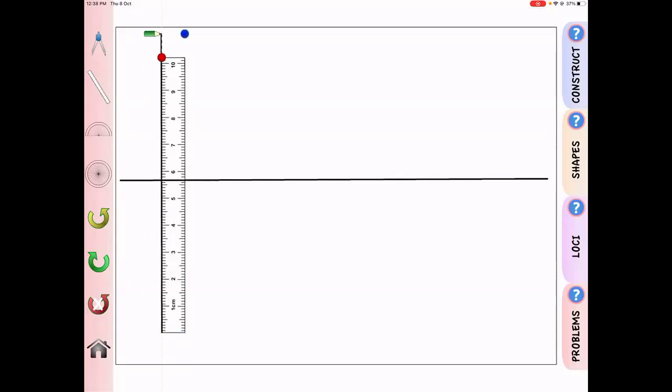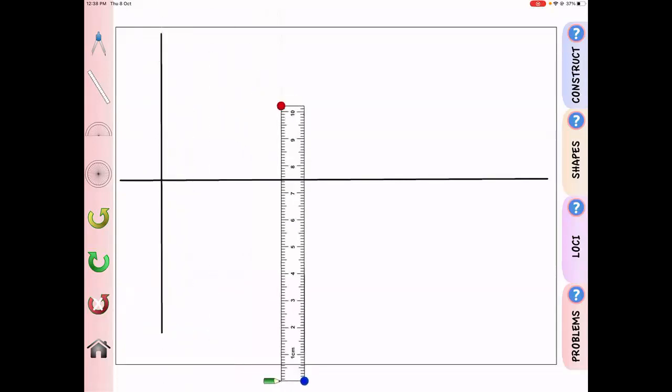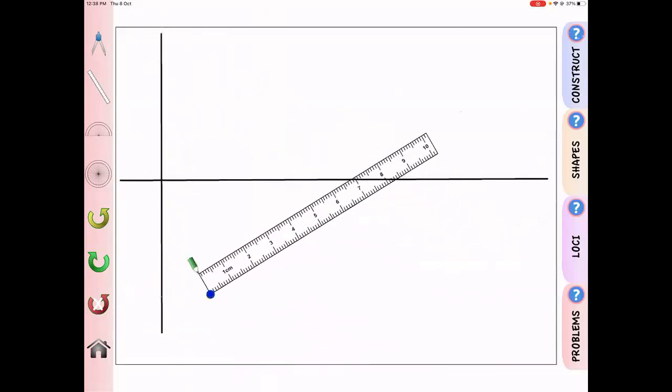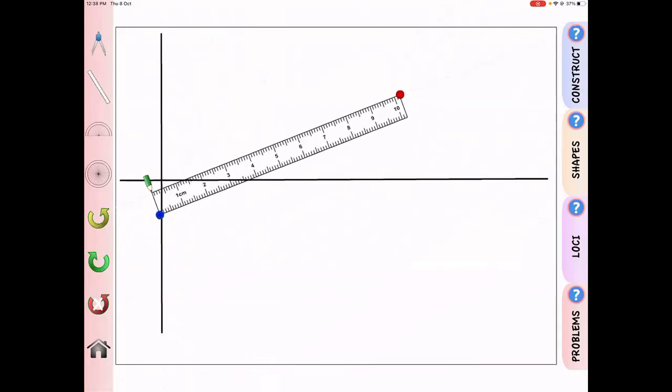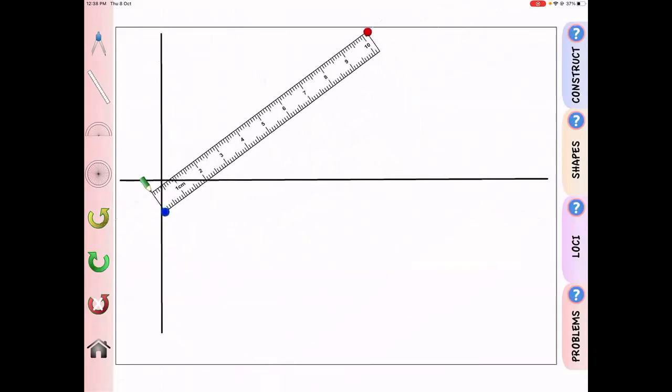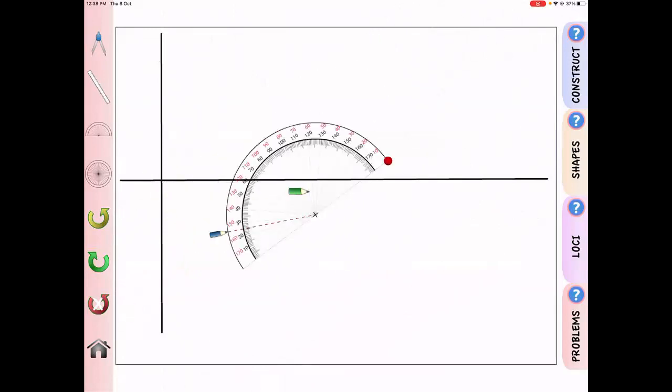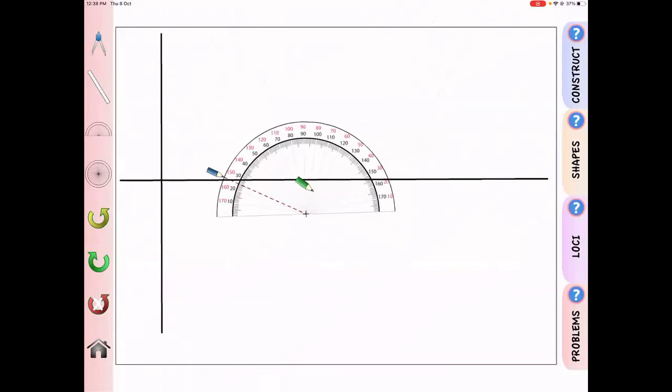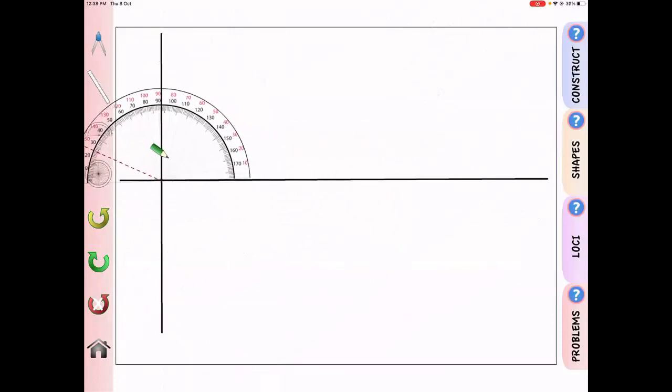Now the initial link, I'm taking the smaller one, let's say 30 millimeters, and the initial angle, let's say 45 degrees.